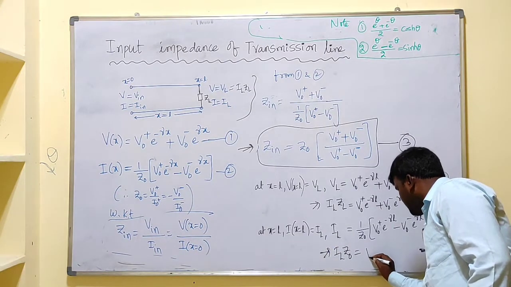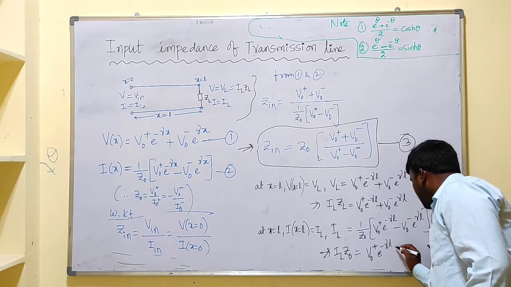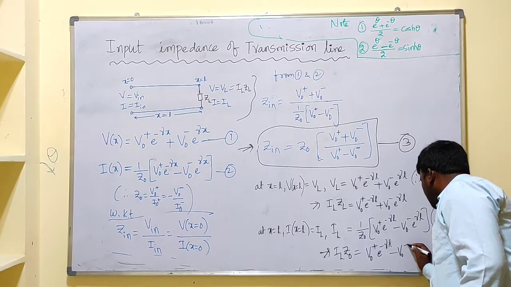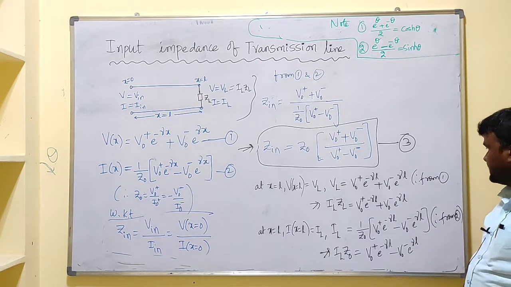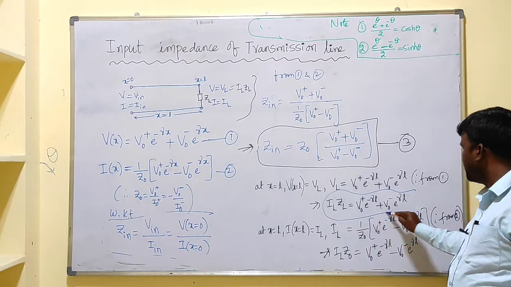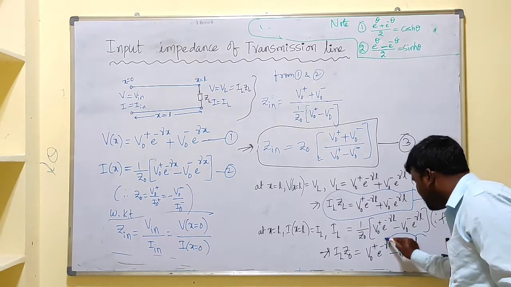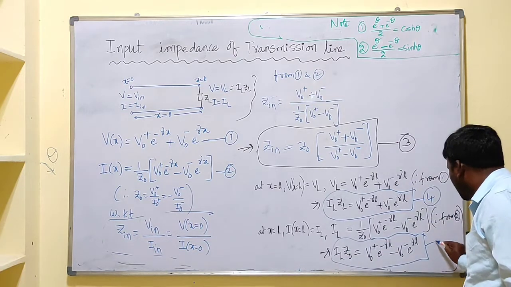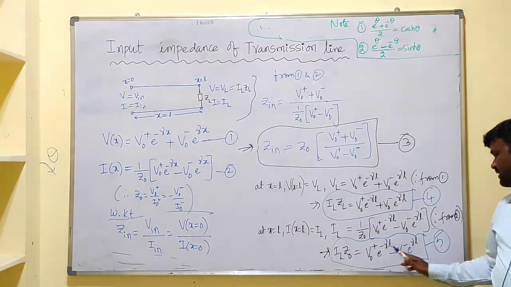We will get V naught plus e to the power minus gamma L minus V naught minus e to the power gamma L. So let us take this IL into ZL as equation 4 and IL into Z naught as equation 5.